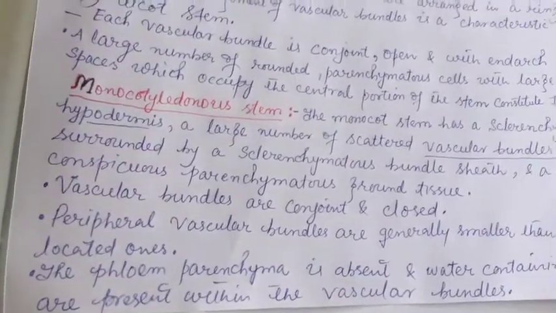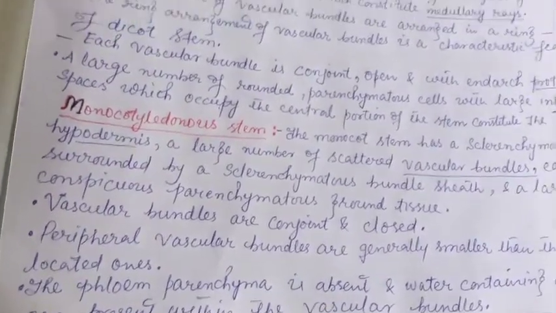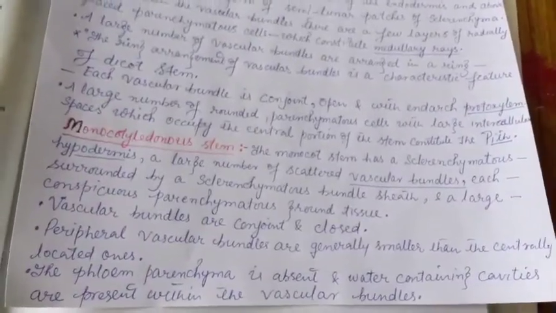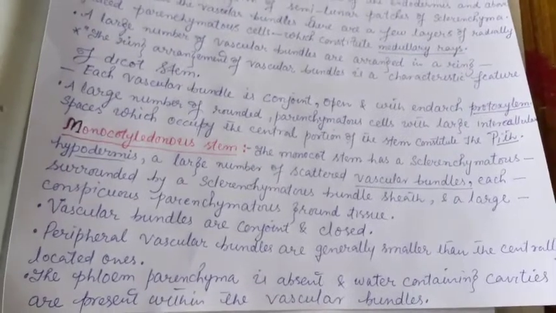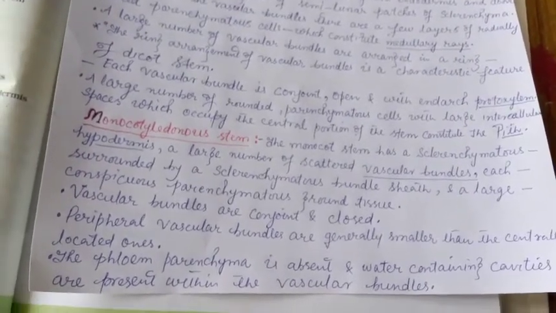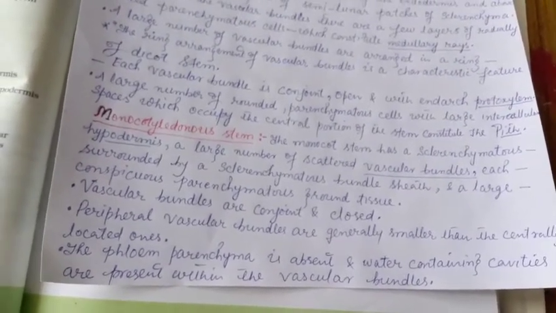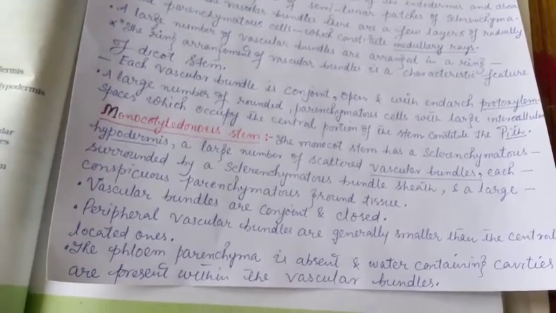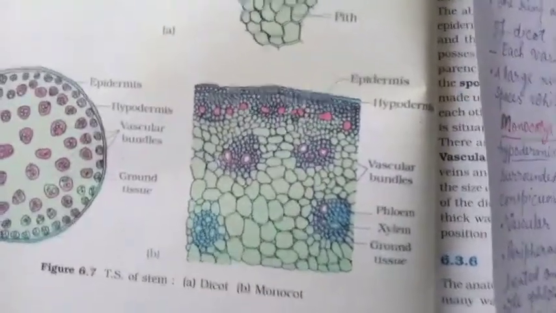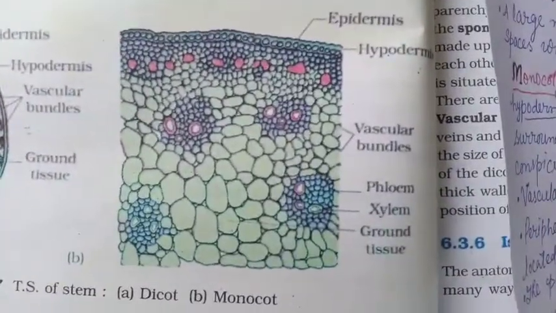Peripheral vascular bundles are generally smaller than the centrally located ones. The phloem parenchyma is absent, and water-containing cavities are present within the vascular bundles. And this is again the view of the transverse section of the monocot stem.